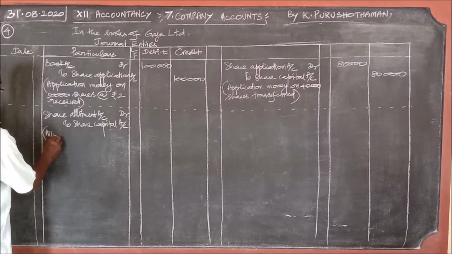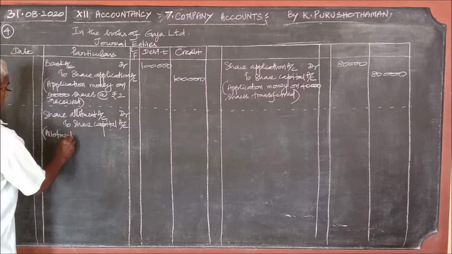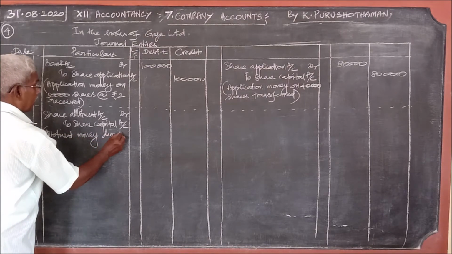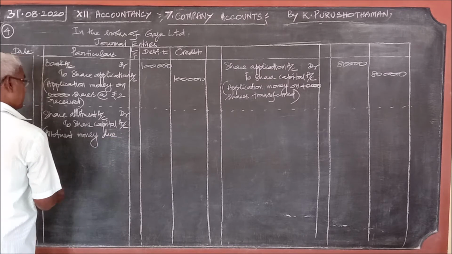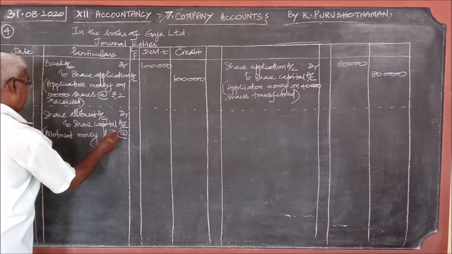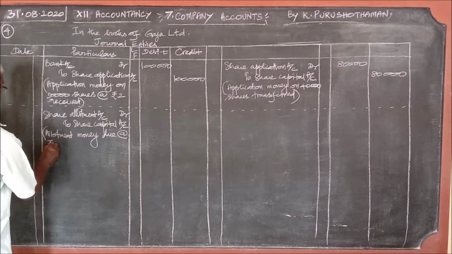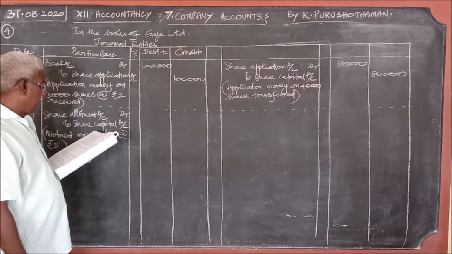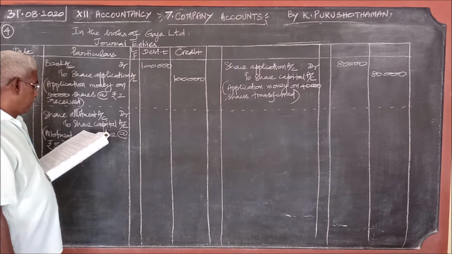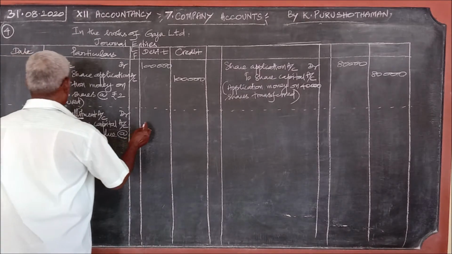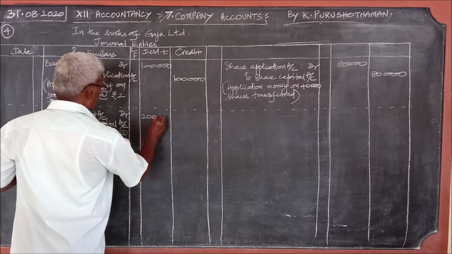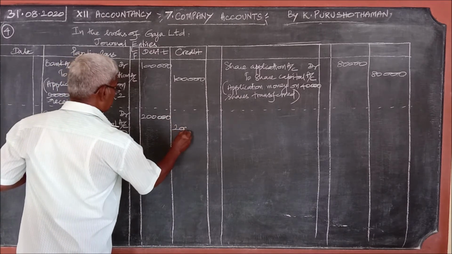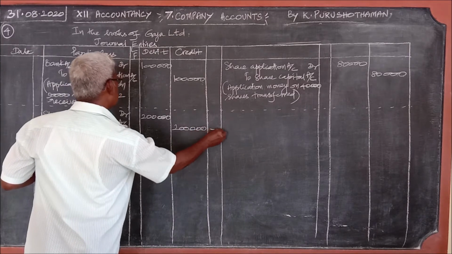Narration: allotment money due at the rate of rupees 5. So 5 into 40,000, it is 2 lakhs.